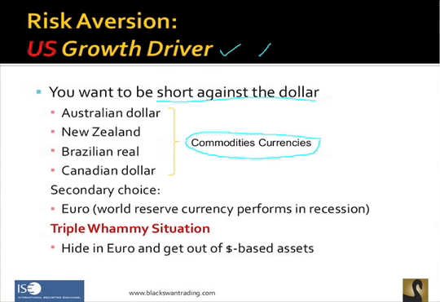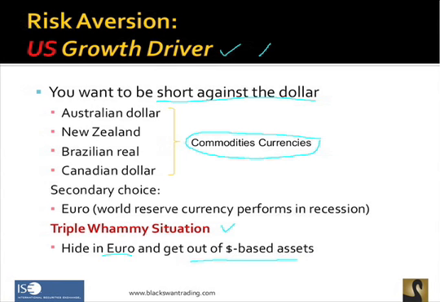This analysis assumes that this risk aversion isn't U.S.-centric in a very, very big way, that triple whammy situation in which we had the U.S. stock market crash and people tended to run out of U.S.-based assets and into euro, okay?